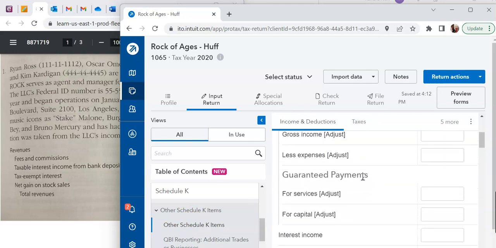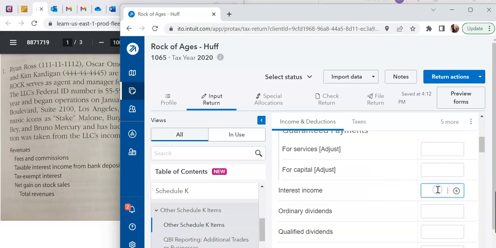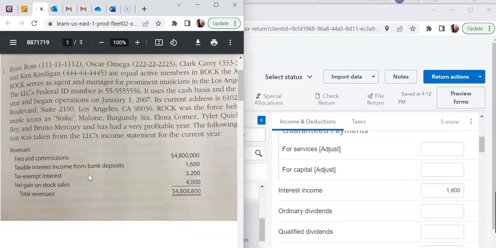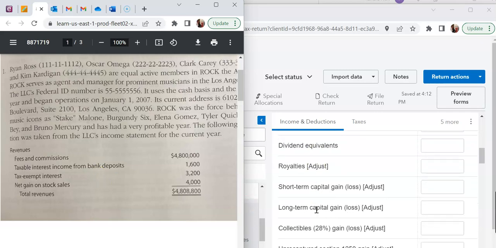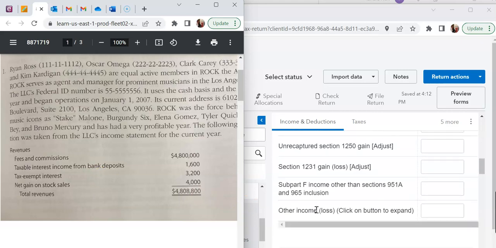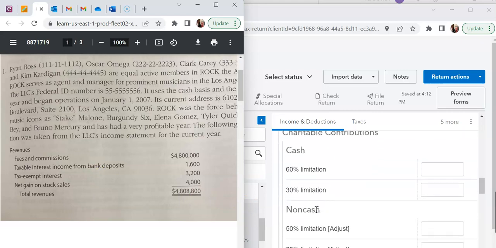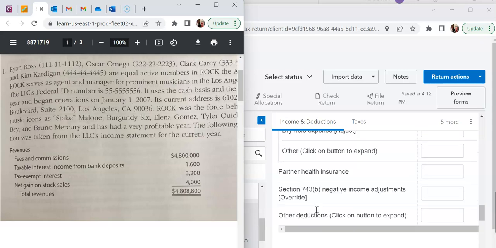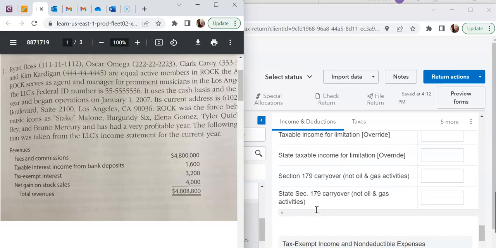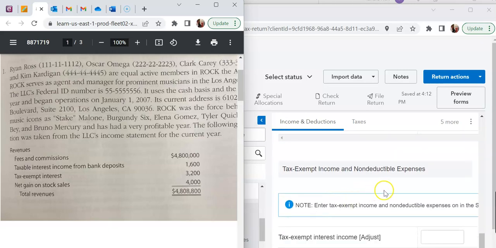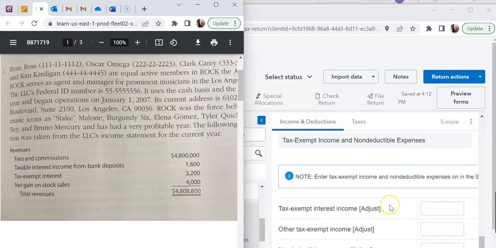All right, guaranteed payment, interest income right here. So that's where the interest income is going to go. The tax exempt interest income is also going to go over here somewhere. Let's see if we can find it. Tax exempt income, tax exempt interest income.